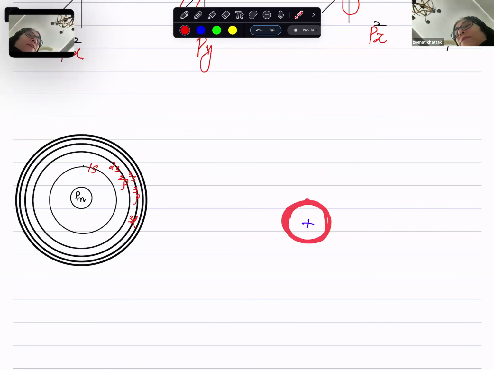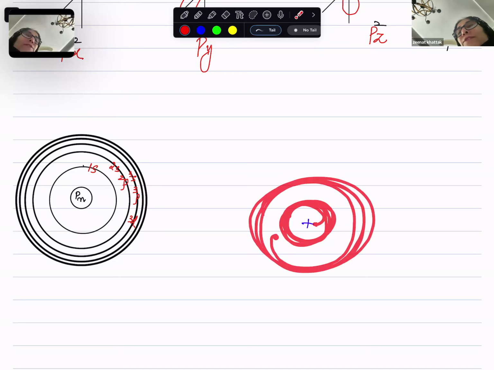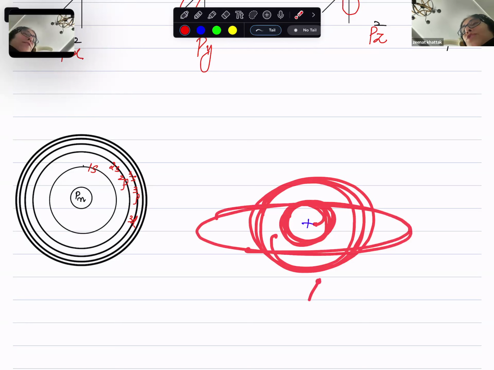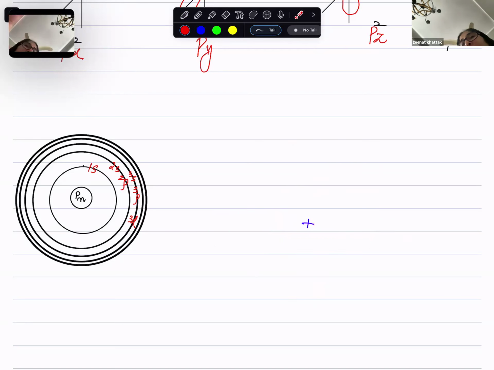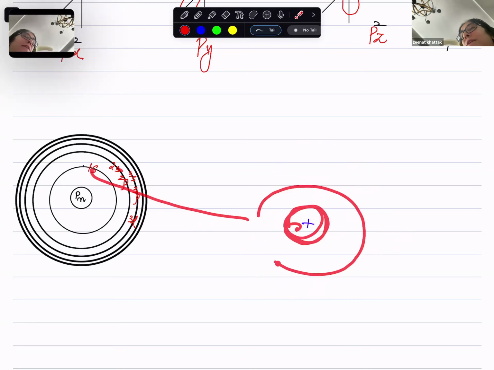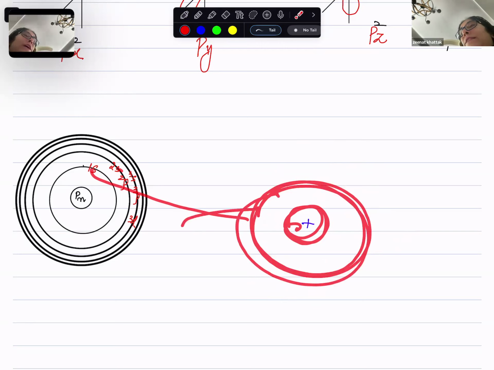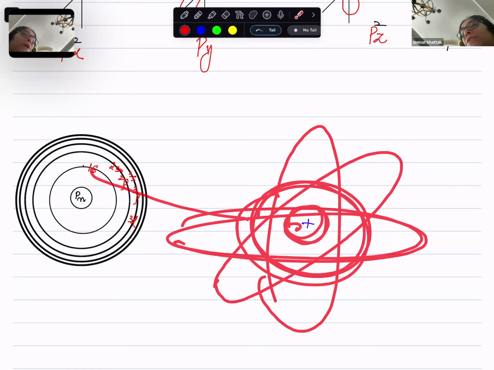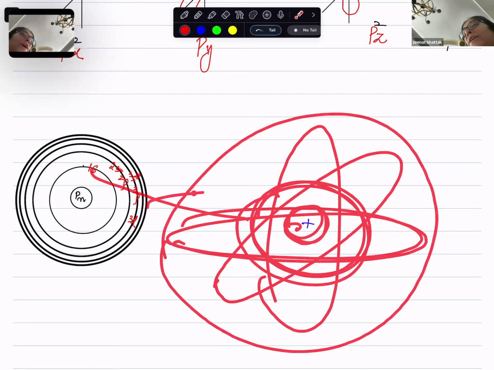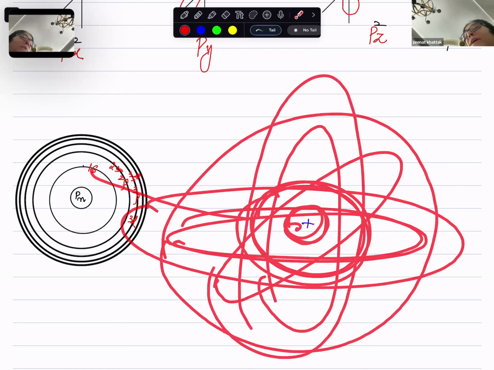This is 1s, spherical. And after this, 2s, 2px, 2py, and 2pz. Look, first 1s, then 2s, then 2px, 2py, 2pz. After this, 3s, 3px, 3py, 3pz.